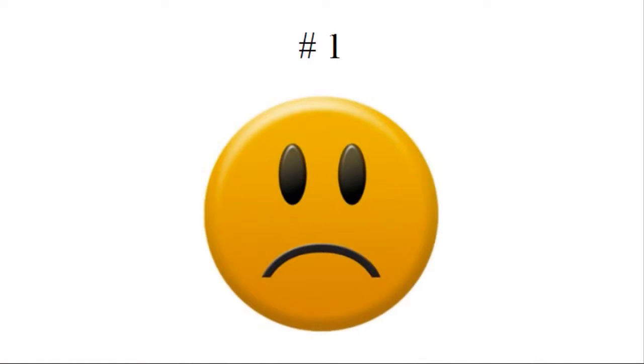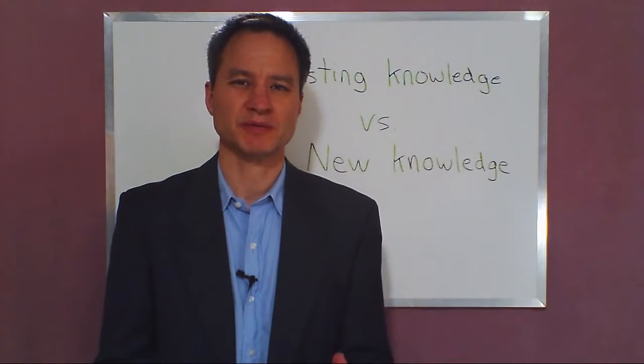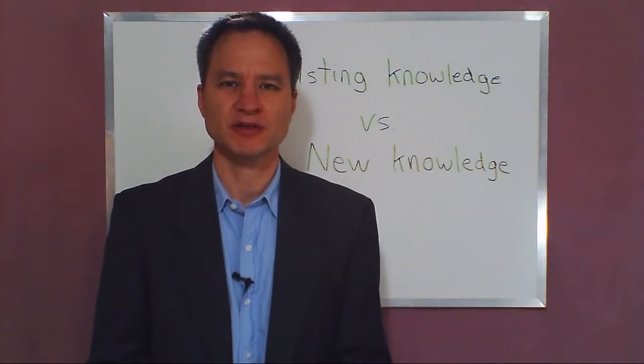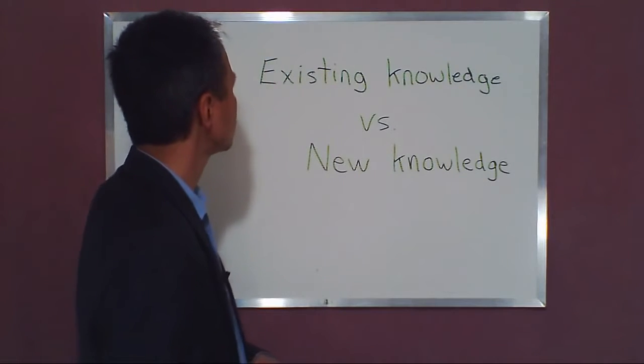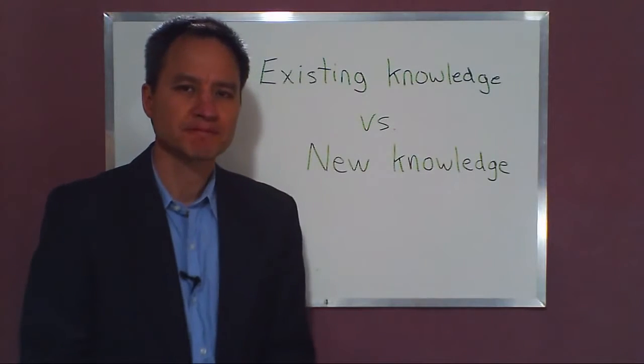Now, the first piece of bad news is that in high school you never really had any practice at finding good research topics, because the papers you wrote in high school really weren't research papers. They merely summarized existing knowledge on a topic. Now, in higher education, there's a very important distinction between existing knowledge and new knowledge.